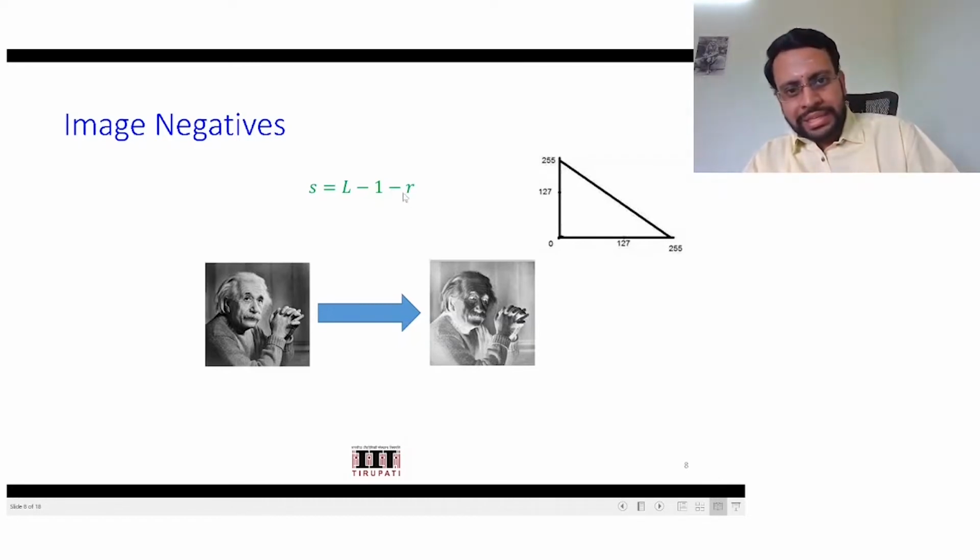You could clearly see here, when your input intensity is 0, it is mapped to L-1. Similarly, when your input intensity is L-1, it is mapped to 0. If you apply this on the Einstein image on the left side, you will end up with the Einstein on the right hand side.